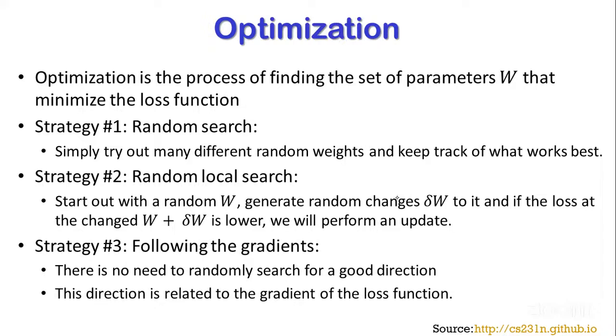You know where you want to reach, whether you want to reach the minima or the maxima, like going down or up, so there is no point in moving in a random direction. Your movement, or direction, should be related to the gradient of the loss function, because that is going to tell you how you have to move.